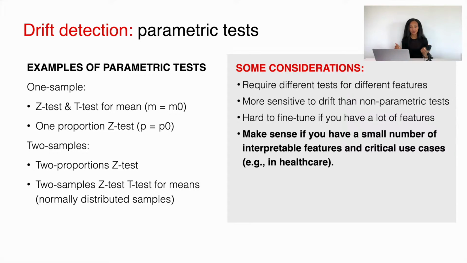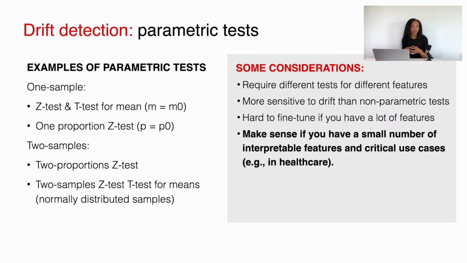But be careful here, because in this case, you need to generate some hypothesis on the values for distributions, and it's good when you have very interpretable features like, for example, salary or age or something else, and you can come up with assumptions like, I believe my feature has a normal distribution with mean equal to 50, and in this case it's a good idea to use such parametric tests.